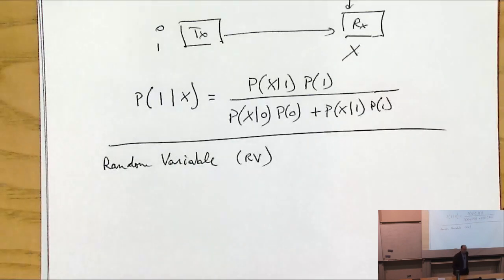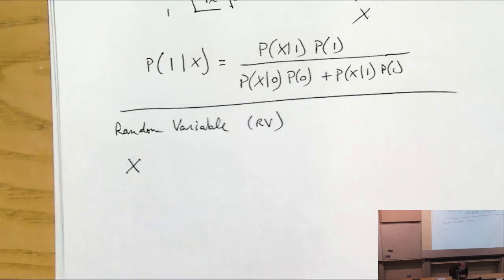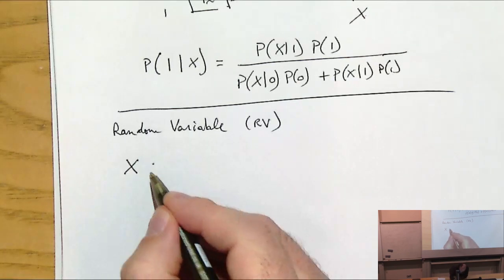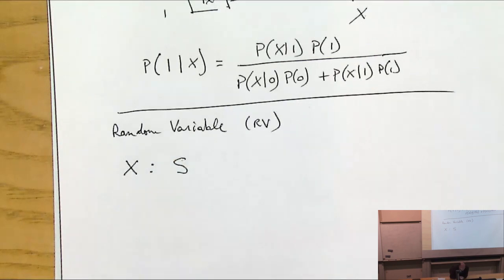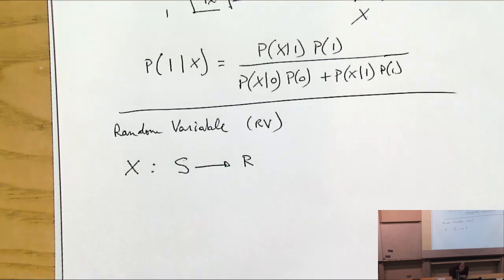Okay, so what is a random variable? Often you will see, I will write X using a capital letter, a random variable X. And a random variable is essentially simply a rule that, for any element in a sample space, assigns a certain real value, right?